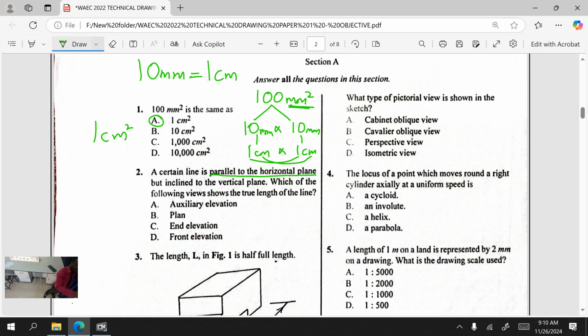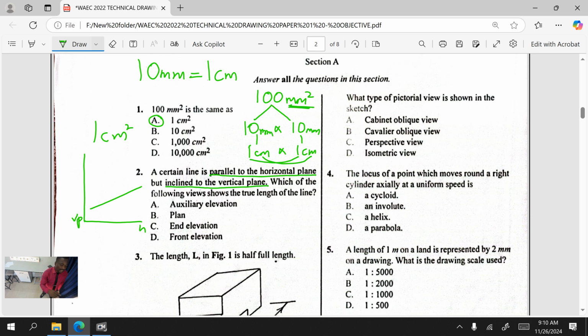That means if we have a plane like this, which is vertical, this is VP, and another plane which goes like this, which is horizontal, and we have, for example, a line which is parallel like this. So this line is parallel to the horizontal plane, but at an inclination to the vertical plane. Which of the following views shows the true length of the line?